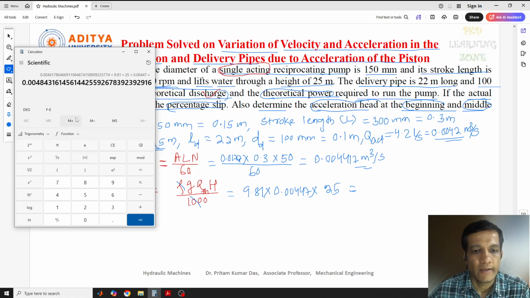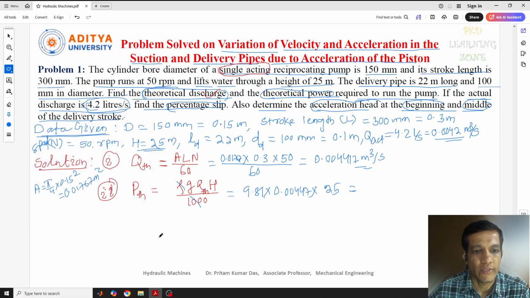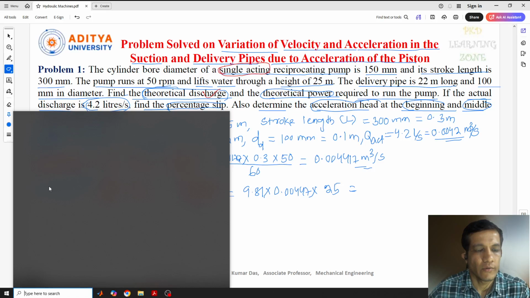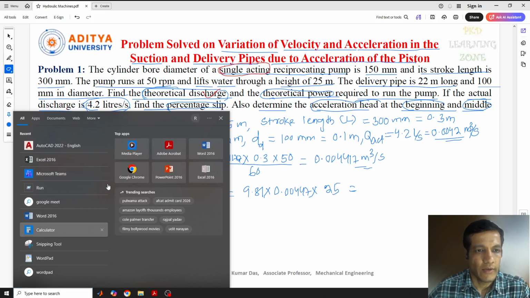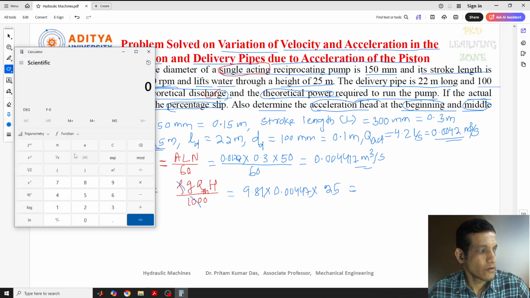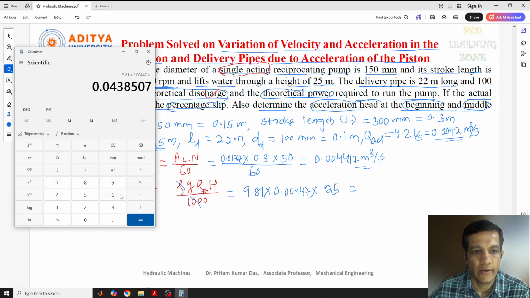The 1000 cancelled. Let me do it again. Let me take this calculator, and here the value of g is 9.81 and multiply. We have multiplied twice, that's why it came different. 0.004417 into 25.